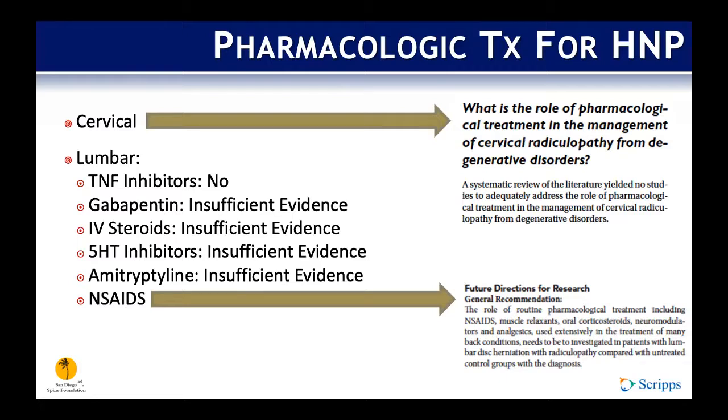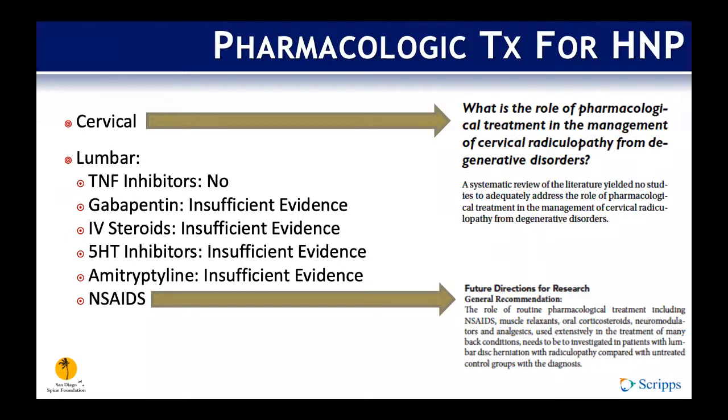With regards to the question of pharmacologic treatment for cervical herniated nucleus pulposus or cervical radiculopathy resulting from disc herniation, no study showed pharmacologic treatment has any benefit. And then looking at lumbar, the only thing that really came out that was definitive was that the use of TNF inhibitors, they recommended against it, but otherwise insufficient evidence.